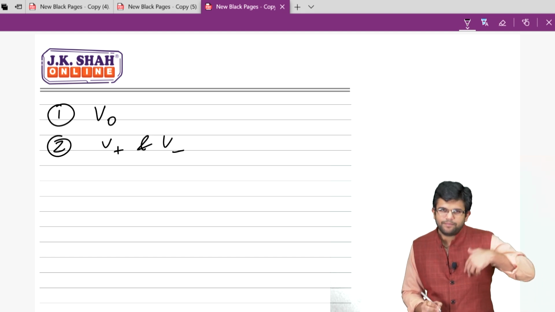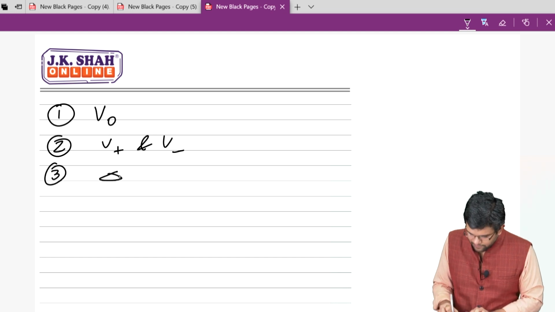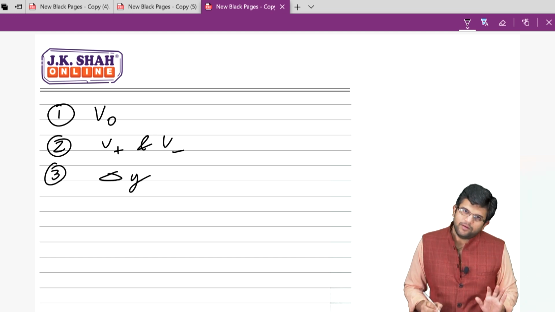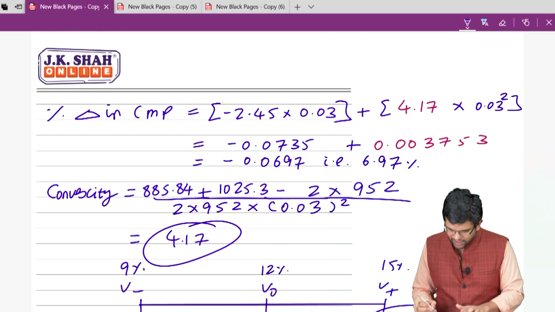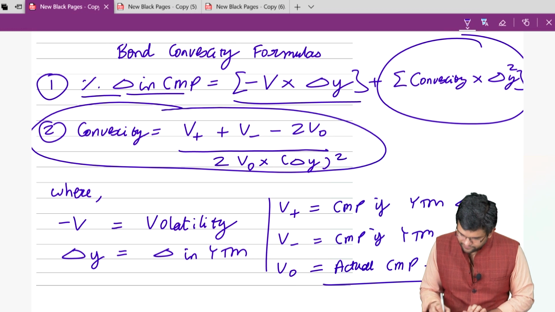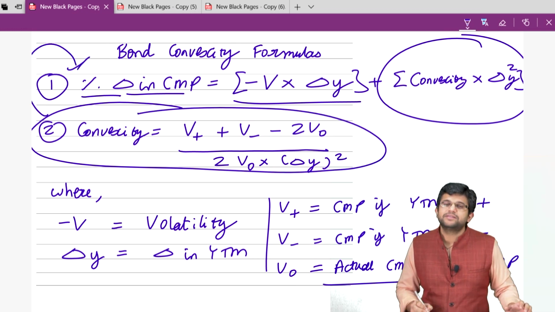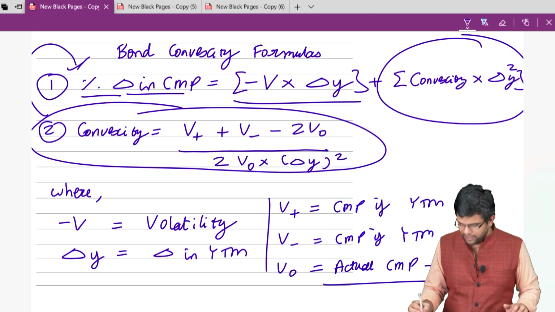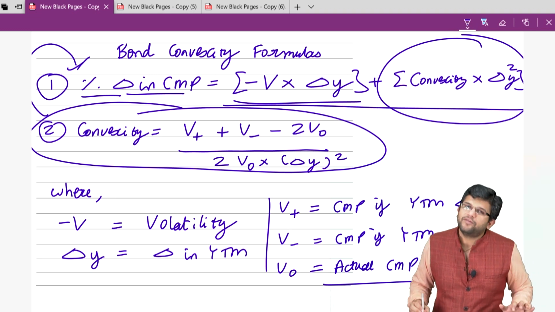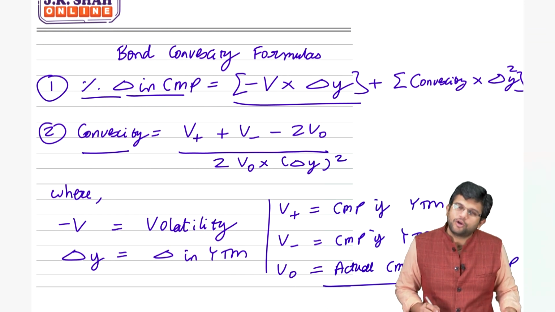Once you have that, delta Y will be given in the question only. And once you have all these numbers, children, then simply calculate the convexity formula. Once you have the convexity formula, you can easily put it in this percentage change in current market price formula and get the total. Everyone follow until here? So with that, students, we end this entire explanation of bond convexity.